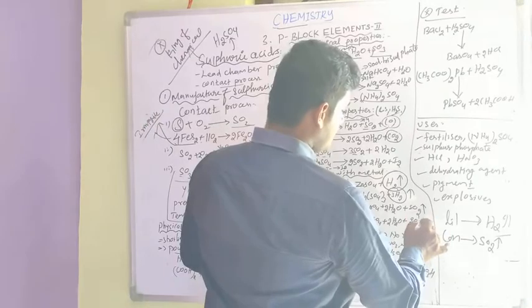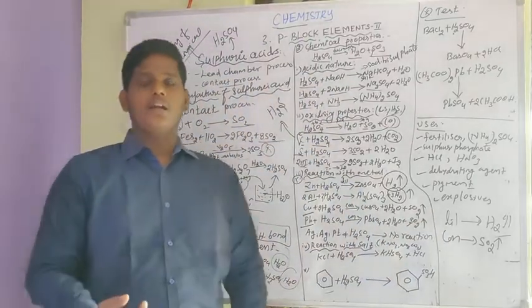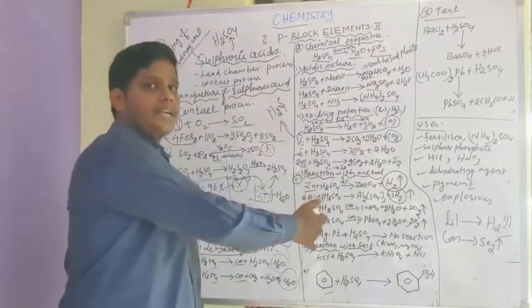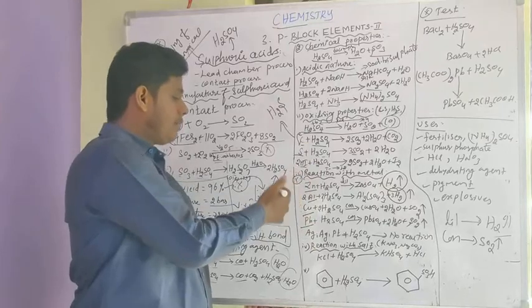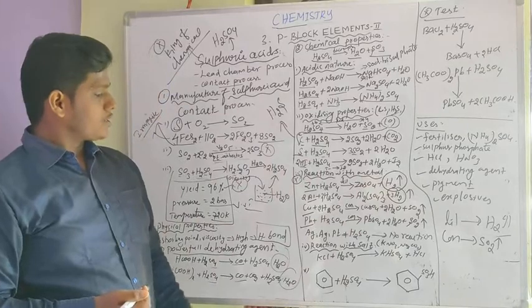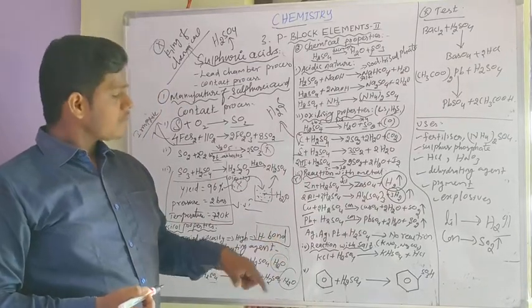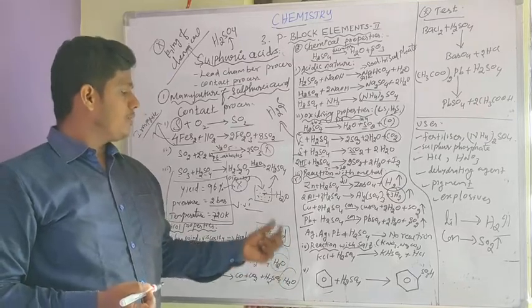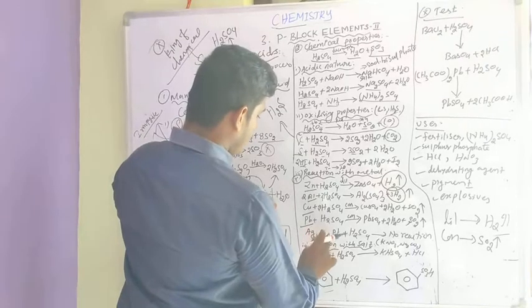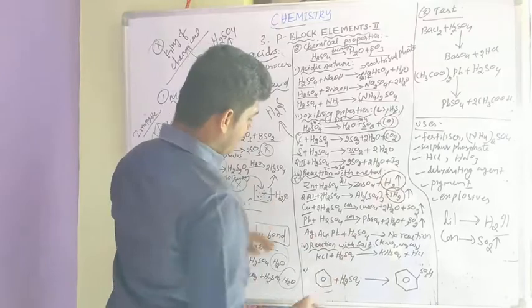That is the major difference between the two concentrations of sulfuric acid, dilute and concentrated, reacting with the metals zinc, aluminium, copper and lead. Another important case: gold, silver and platinum have no reaction with sulfuric acid.